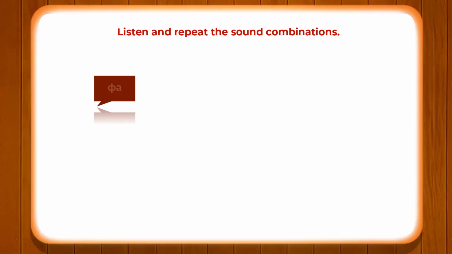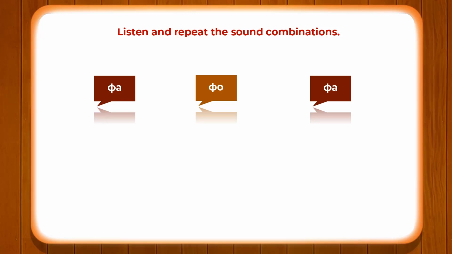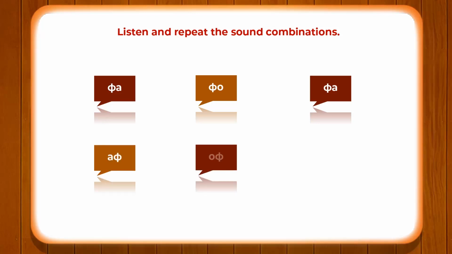Here you can see the sound or the pronunciation which I am doing. You have to exactly imitate and try to pronounce as you can see on the screen. Combining both the letters together, fa, fo, fu, the sound would be different from af, of, oof.